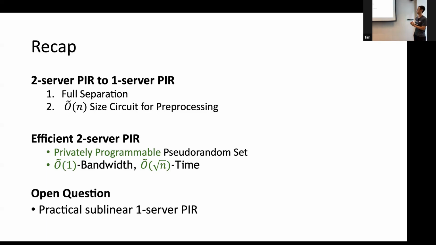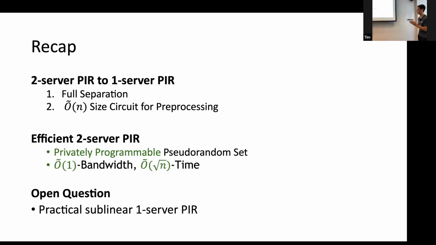This scheme runs within polylogarithmic bandwidth per query and square root n time per query. It seems pretty good. We actually achieved the asymptotics that are basically the best we can hope for, modulo polylogarithmic factors.